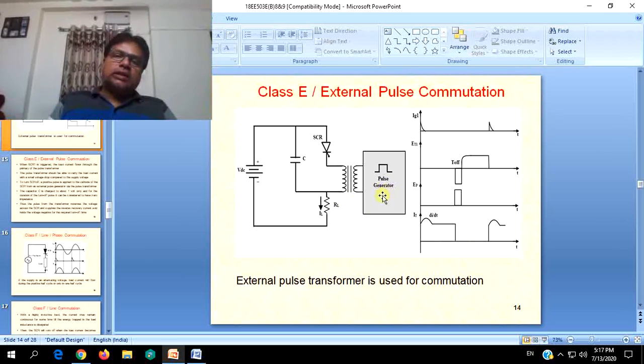So when a reverse pulse is given by the pulse transformer, it opposes the SCR current, or current flows in this direction via the capacitor back.